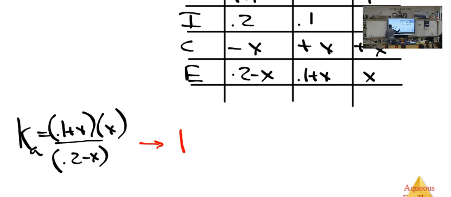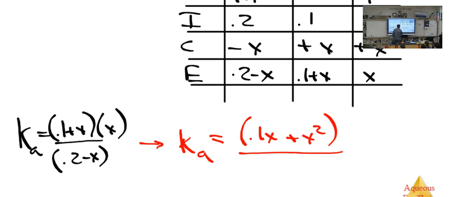So really, Ka is going to equal 0.1x. You okay with that? I'm just distributing the x in. Plus x squared over 0.2 minus x.